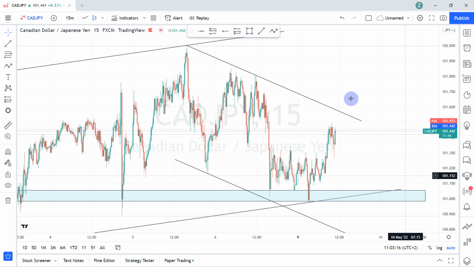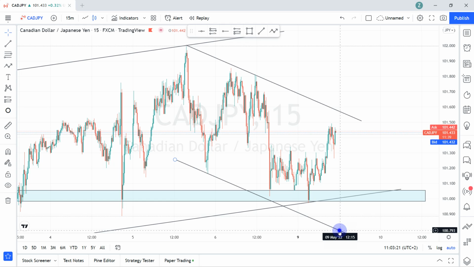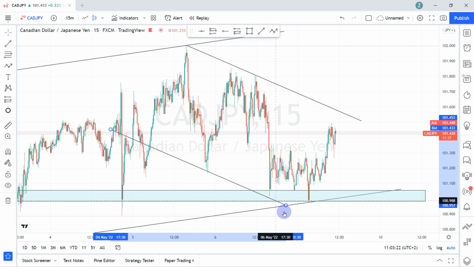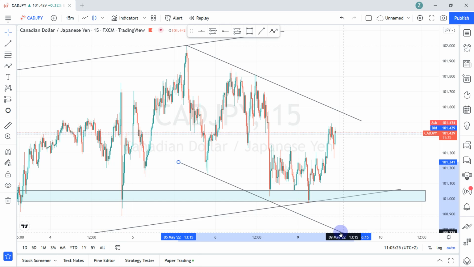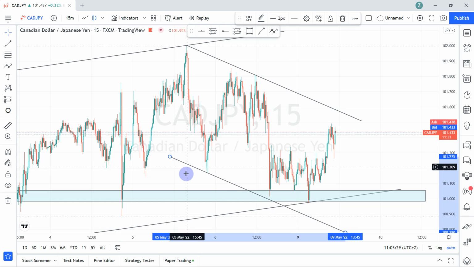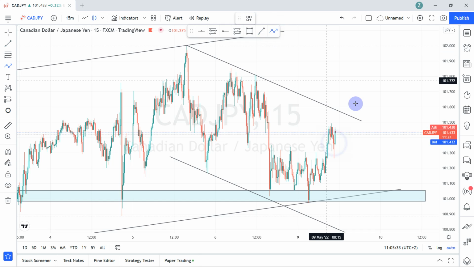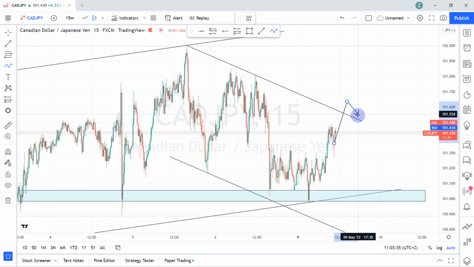Then if the market buys from there, I know that this is also a trend that I should cater for, which is within our bearish flag. So should the market buy, we're going to look for further buying opportunities.